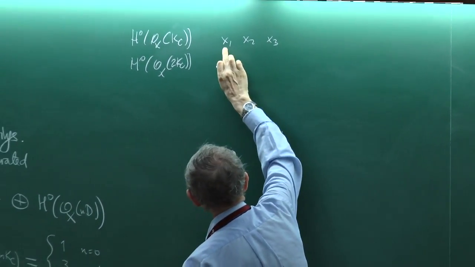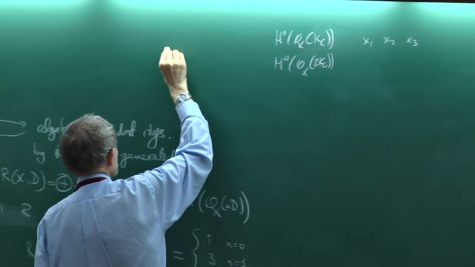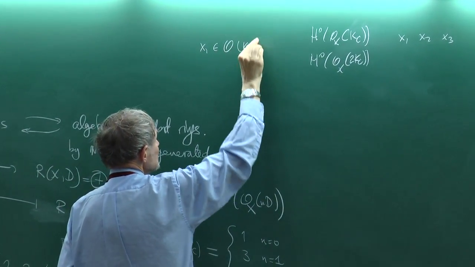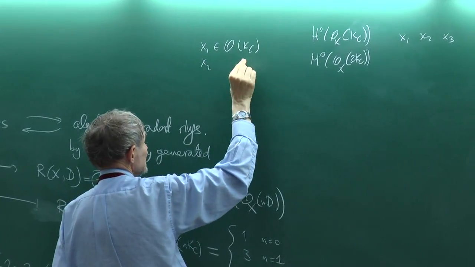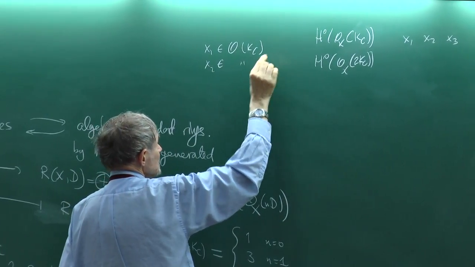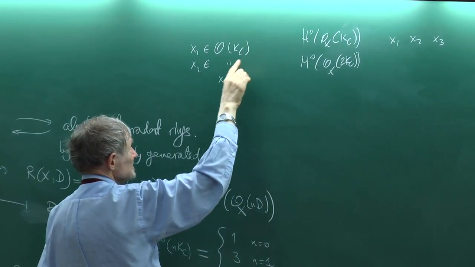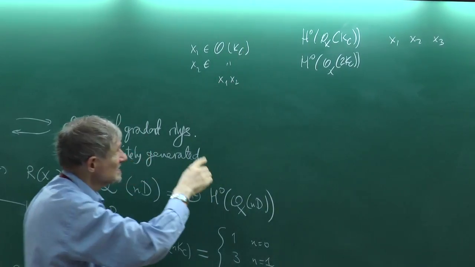Namely, if I take x1 in O_C(K_C), and some other x2 in O_C(K_C), then the product x1 x2 is just using the product of these two line bundles.